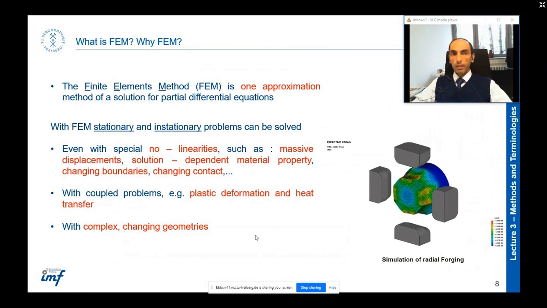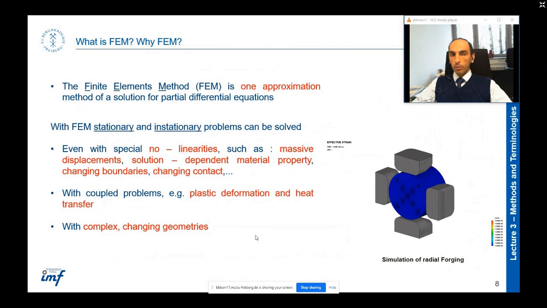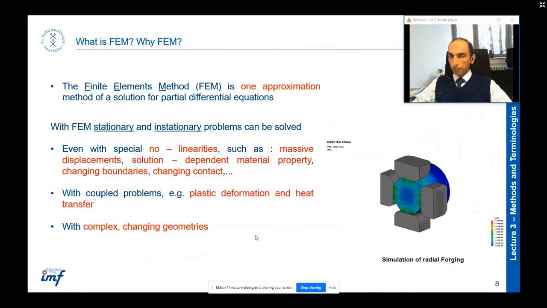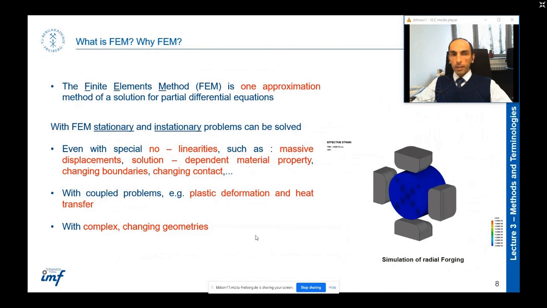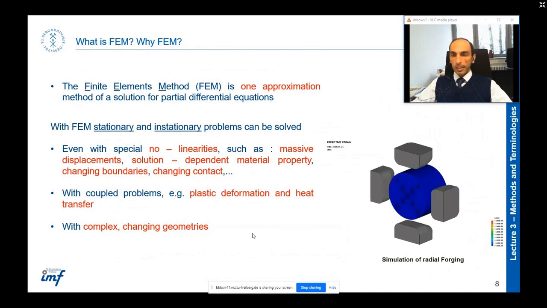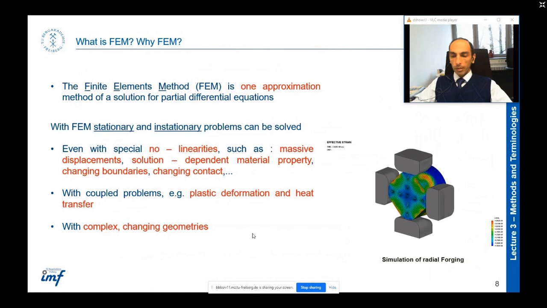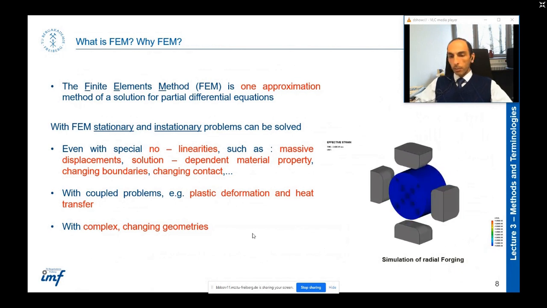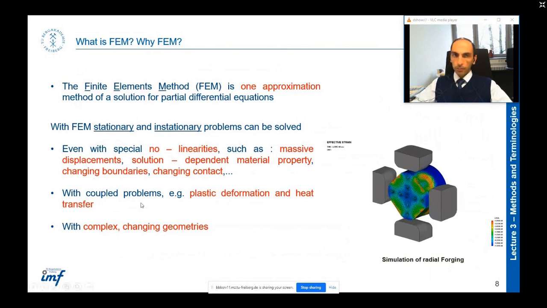For example, in analytical solutions, usually we solve the problems in linear form because solving nonlinear equations is not easy. But in FEM or any other way of simulation, you can apply nonlinearity. And in reality, most of the phenomena show nonlinear behavior, even the phenomena we assume are linear.